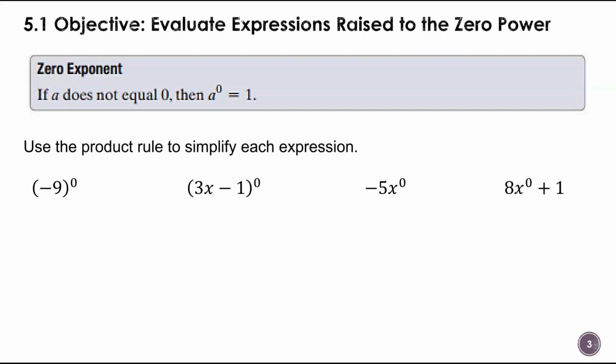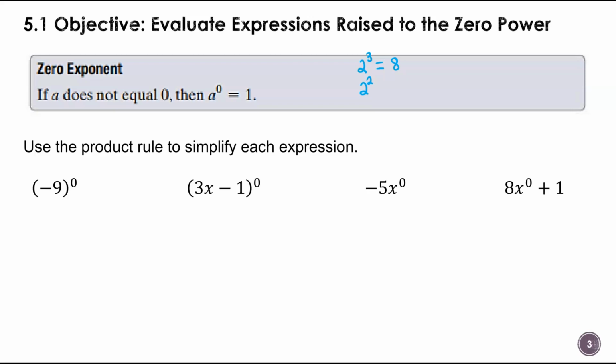Now, let me try to explain how this happens. And I'm going to use just some simple numbers here like 2 to the third power, which is 8. Okay, so I'm going to kind of show you this progression for us to get to 0. If I divide both sides of this by 2, then I would end up with 2 squared, right? I would subtract 1 when dividing.